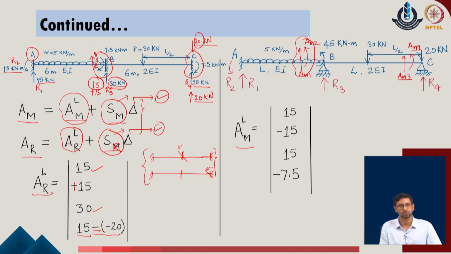So, the first contribution of 15 which is corresponding to the uniformly distributed load has been considered, which is 15 for the given system. Similarly, the moment contribution of the given system which at this joint appears to be 15 kilonewton meter. We consider the WL square upon 12 of the given system, which will appear same as this value in the clockwise direction at the given point, and we consider that this will be minus of 15 in the given system. Then we move to the second joint over here.